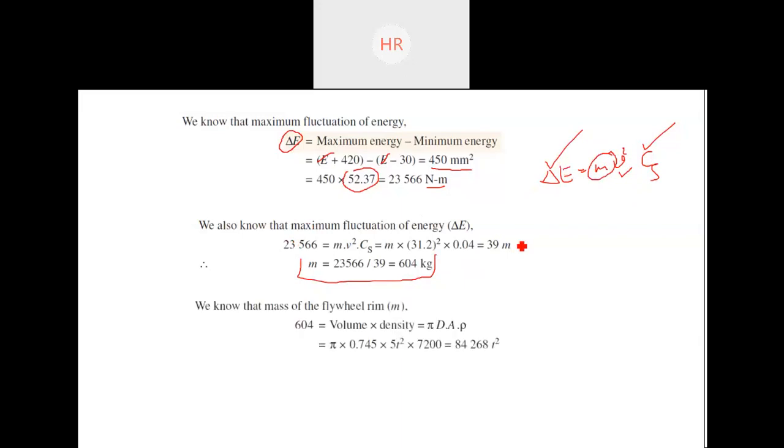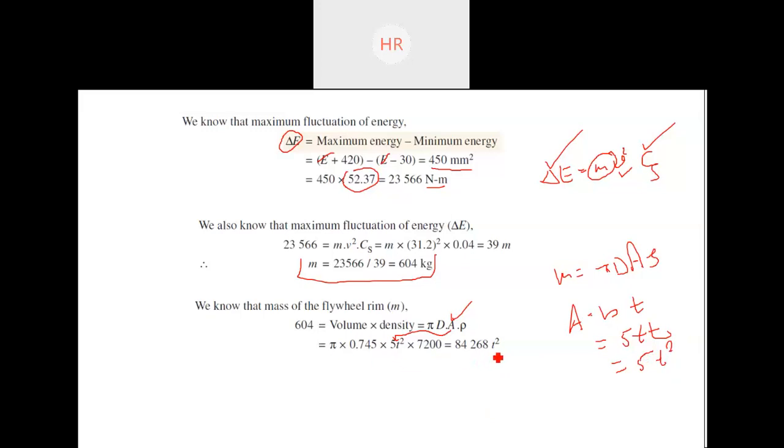Now we have the mass. So we'll use the equation of mass is equal to pi dA into rho. In that equation the only unknown left is A. So we are substituting A is equal to 5 times T square, because we know that area is equal to B into T and we are given that B is equal to 5 times T. So area is 5 times T square.